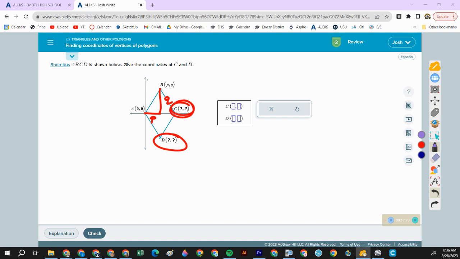How far to the right is it? Close. 2 copies of P, right? P is on the x-axis. So 2 copies of P will get us to the x value, so 2P. And then what is the y value? How high is it? 0.